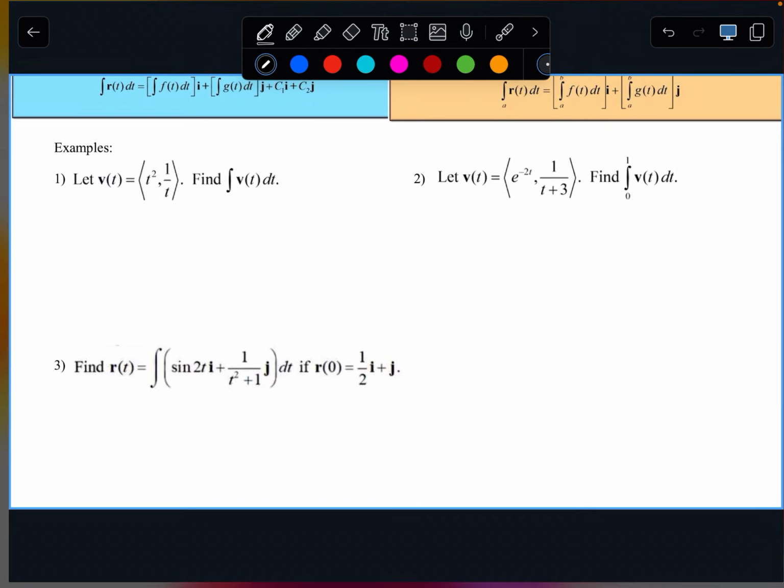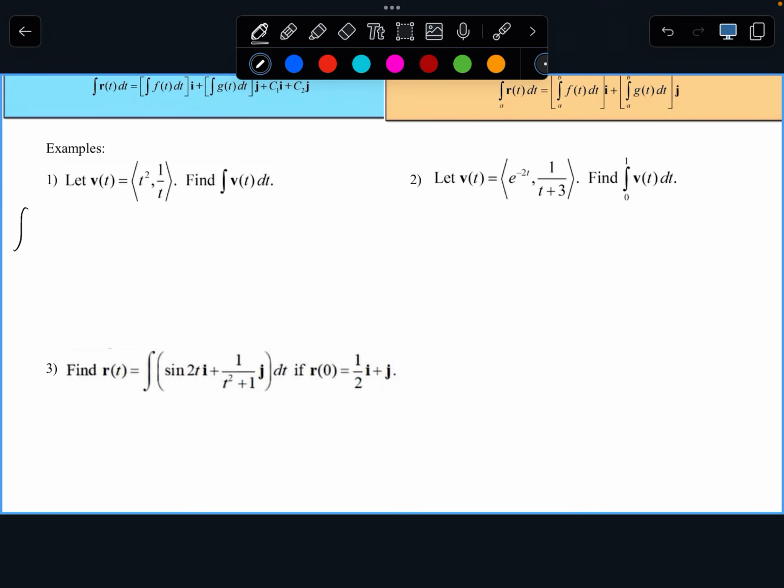So if you need to integrate this, gosh, my voice is horrible, you're just essentially doing 2 for 1. It's like you're integrating that one, and then you're integrating 1 over t. So 2 for 1. The part that might be weird is you got 2 c's now, so they just do subscripts for them.